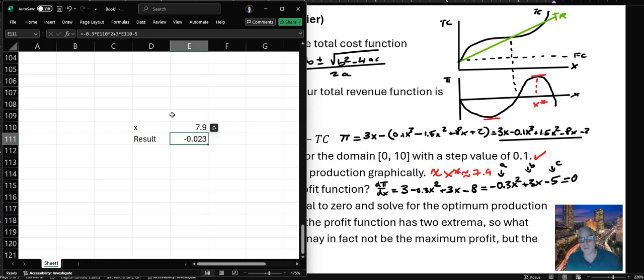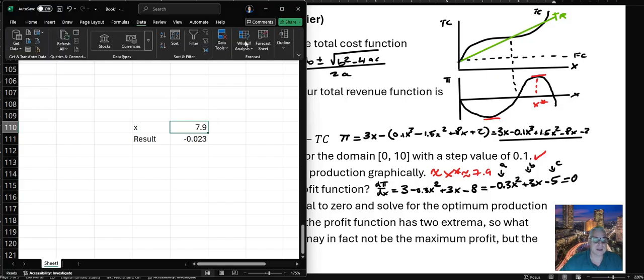Okay, but normally you don't want to manually play around with those values until you find the optimum solution, but you want Excel to find it for you. So we go to data, what-if analysis, and then we go to GoalSeek.